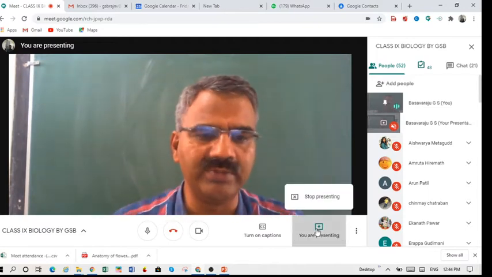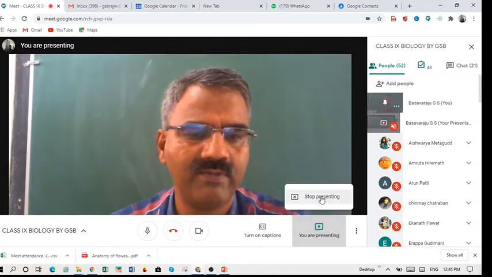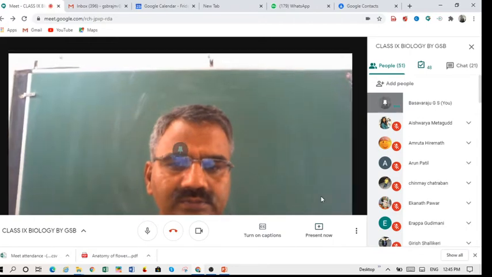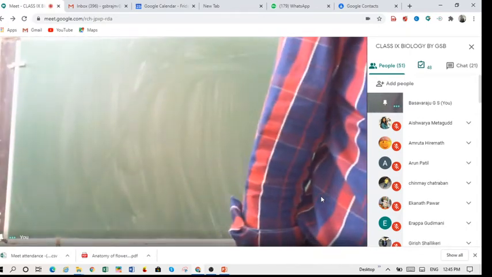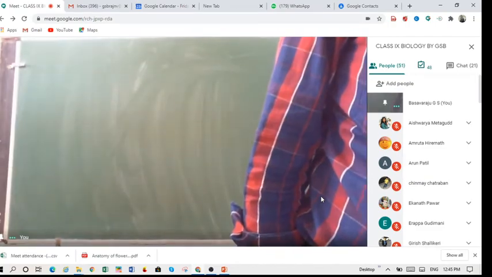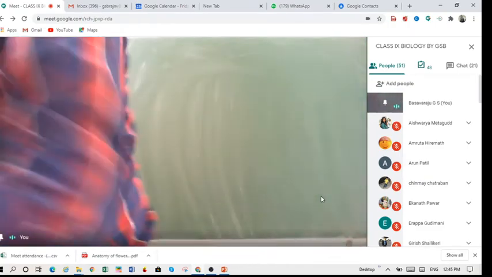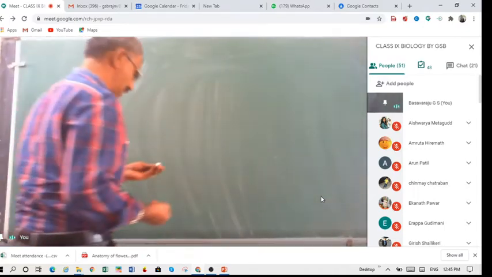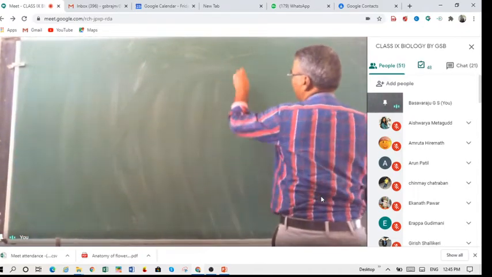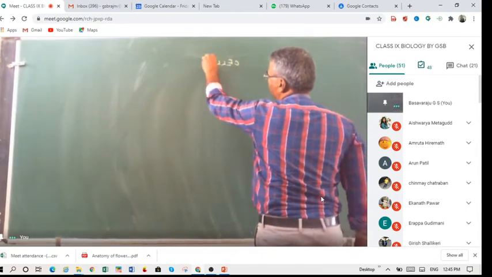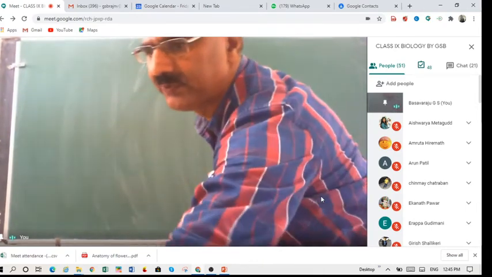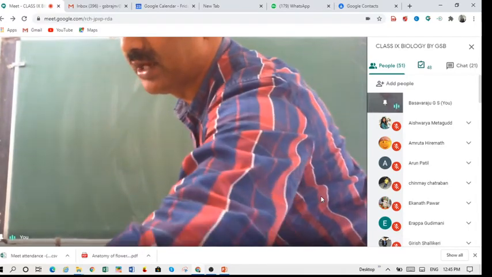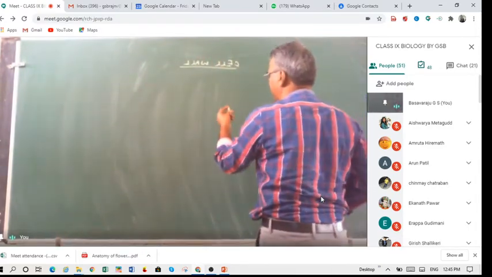The cell wall is a very thick layer around the cell membrane.